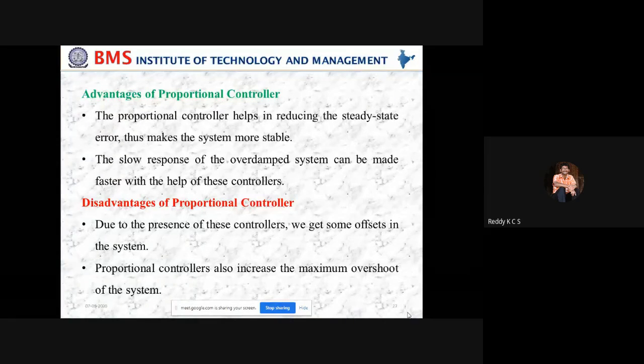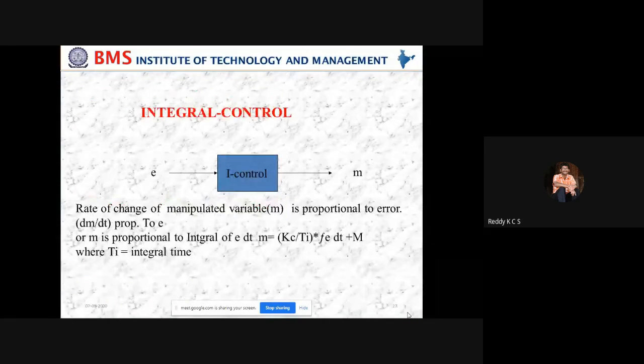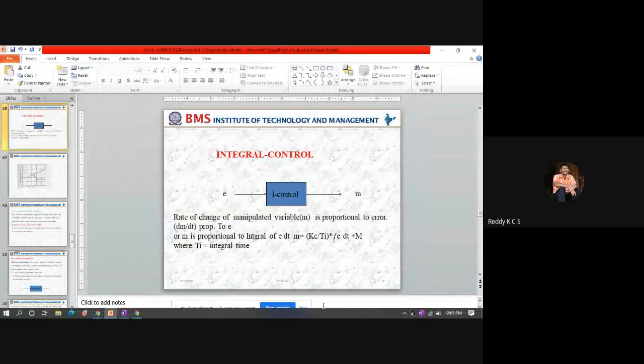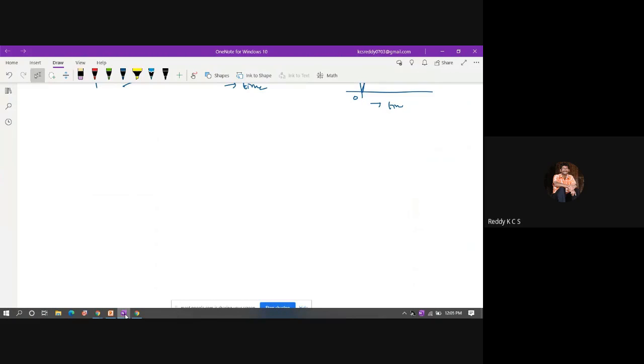Coming to the next, integral controllers. When are we going to use the integral controller mode? As we discussed just now, the proportional controller reduces the error but does not give zero error.